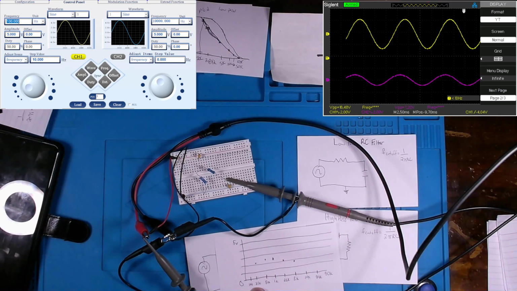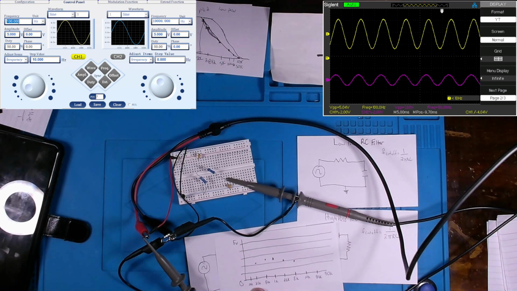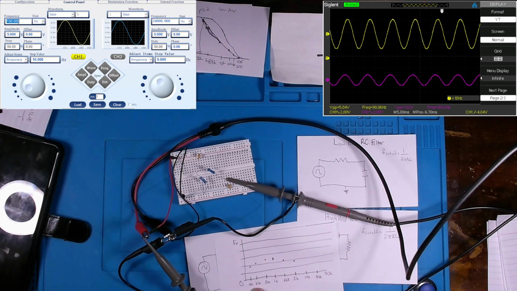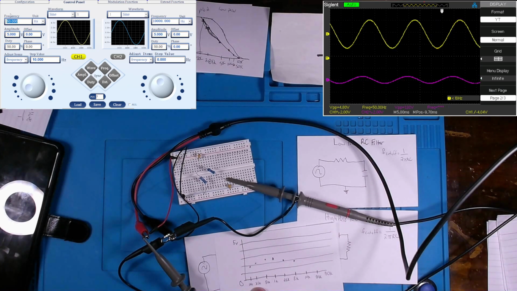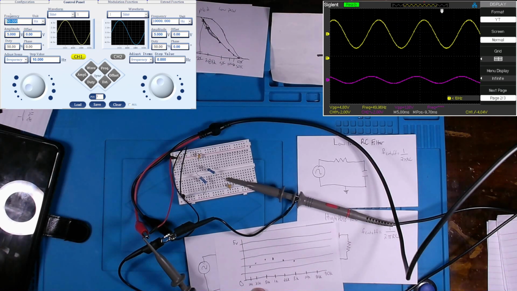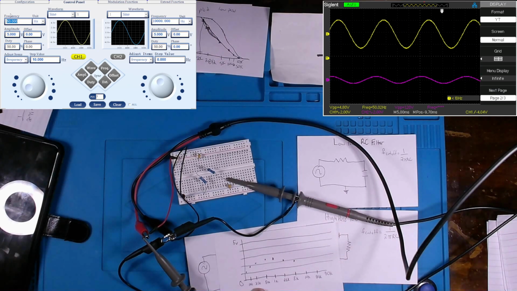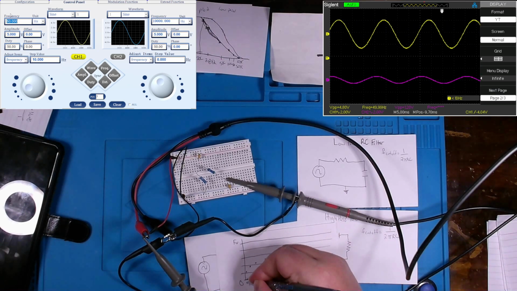And at 100 hertz, we are at just below 2 volts, 1.9. And let's do 50 hertz. And 1.2. Okay, and that's where we'll just call it here at 50 hertz.